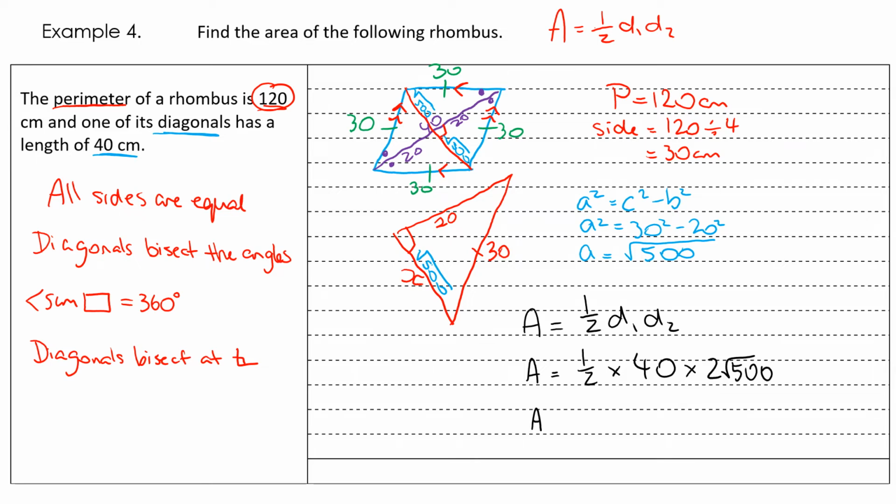So we just need to put that all in the calculator now. Half times 40 times 2 root 500 is 894.427, so round it up to 894.43. And that is in centimeters squared.